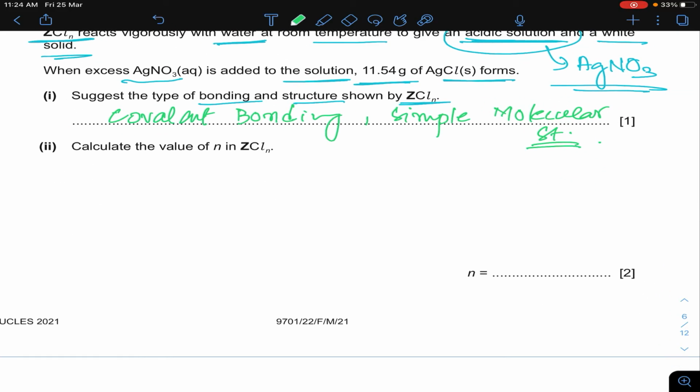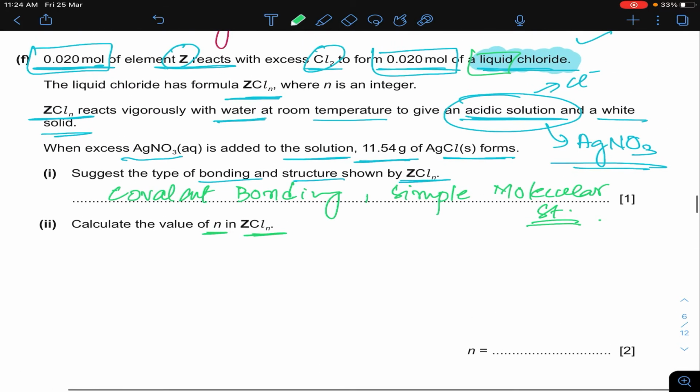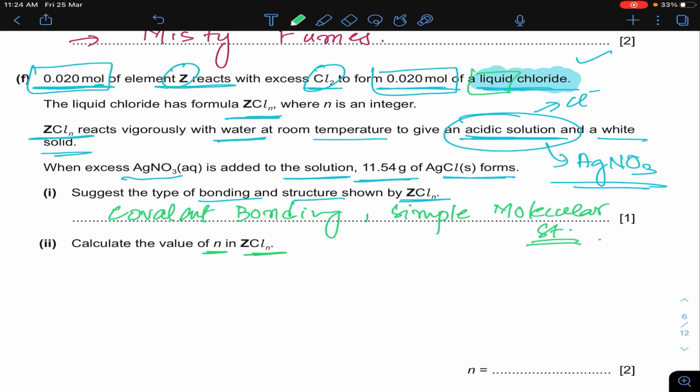Next is, calculate the value of N in ZClN. We have to calculate the value of N, the number of moles of chlorine. If you look at the question, we are getting 11.54 grams of AgCl when silver reacts with this acidic solution.